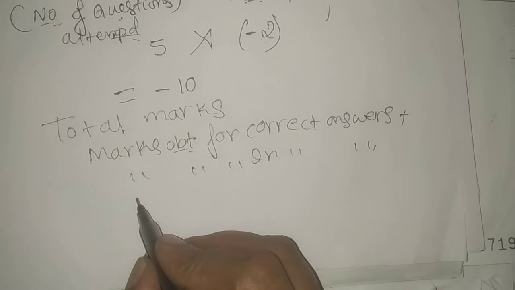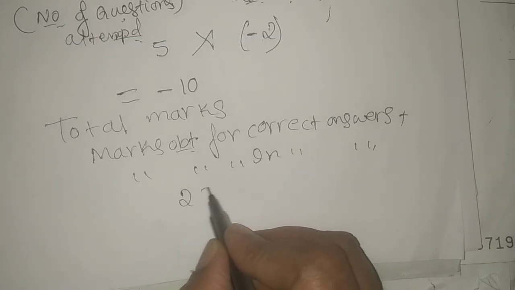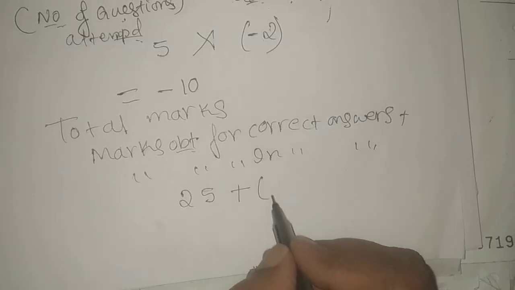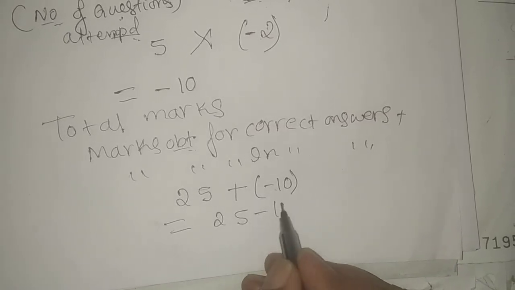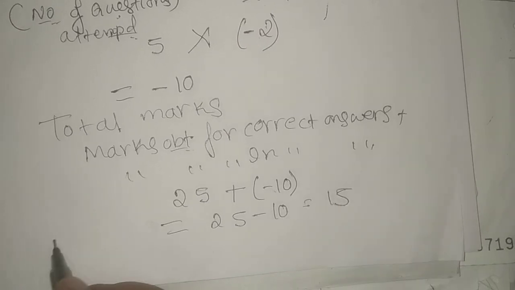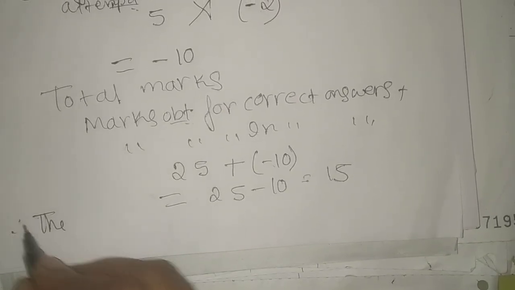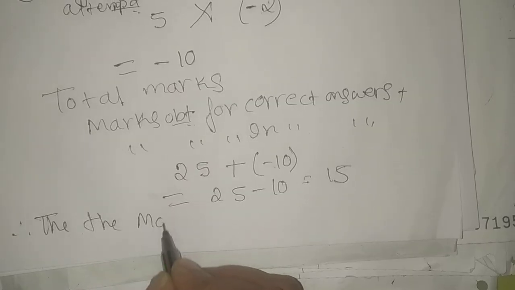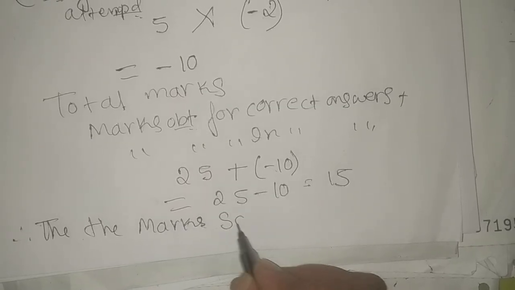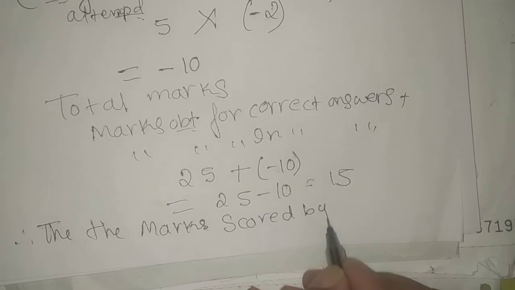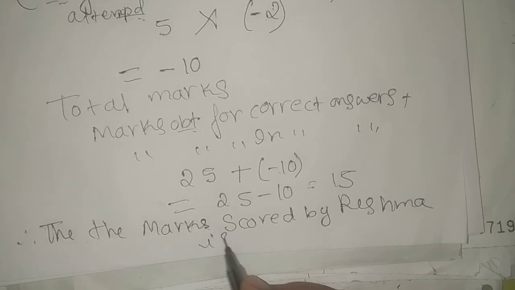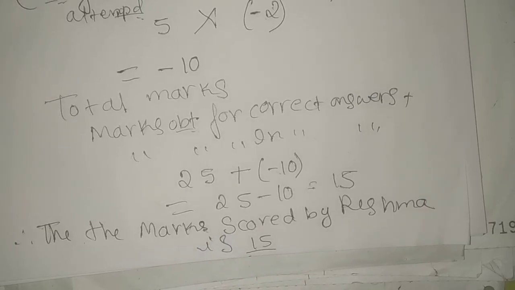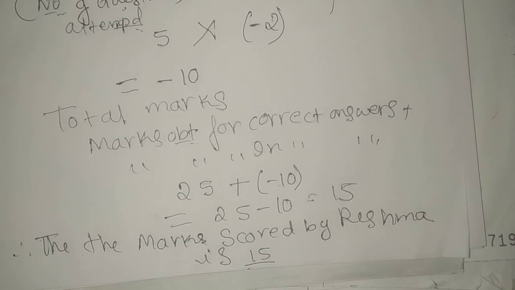Marks obtained for correct answers is 25. Marks obtained for incorrect answers is minus 10. Therefore 25 minus 10 is equal to 15. Finally, the marks scored by Reshma is 15. So this is the solution for question 7, second problem.